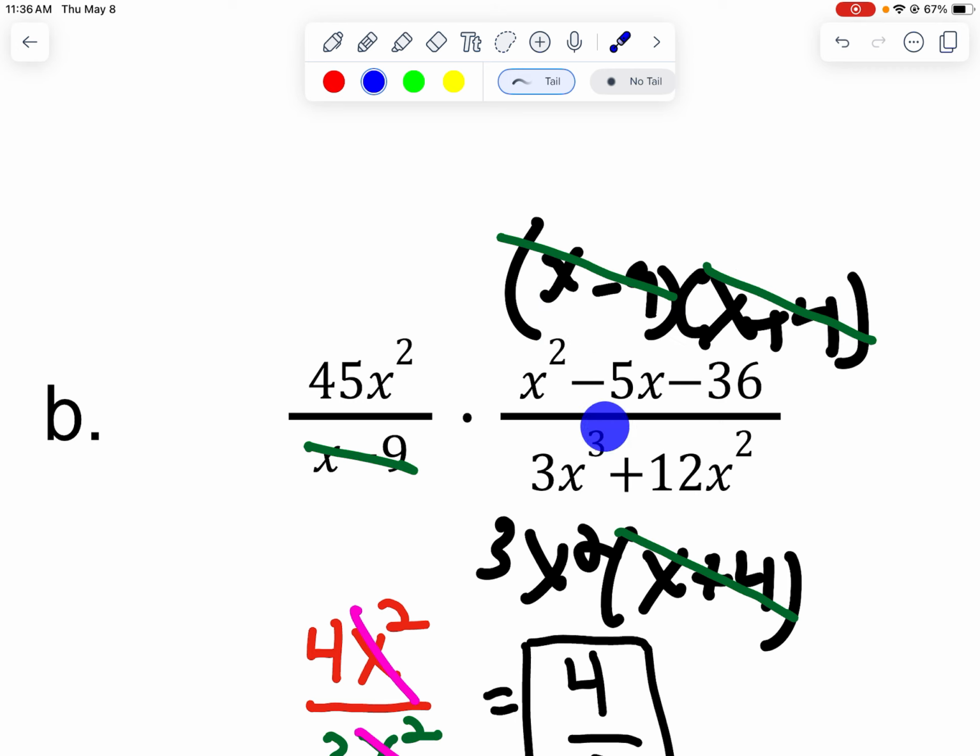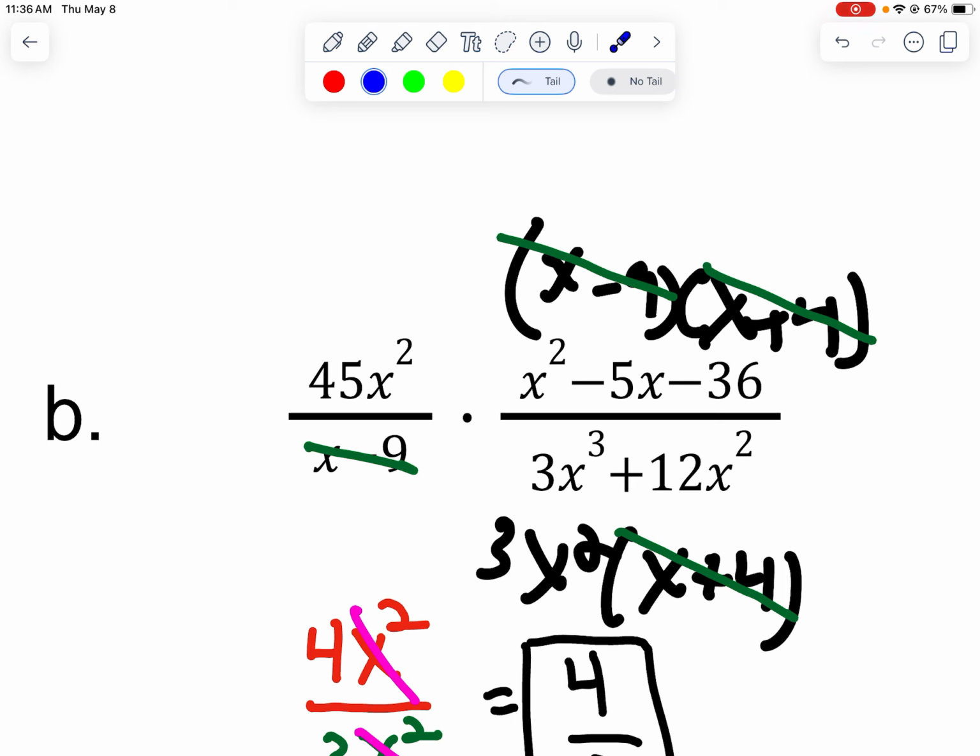All right, the bottom here, it's a binomial. And so doing an x factor doesn't really work, but you should see that, hey, wait, that's cubed and that's squared. They have a common x squared here. There's a 3 and a 12, so the 3 can come out. So it's 3x squared times x plus 4.